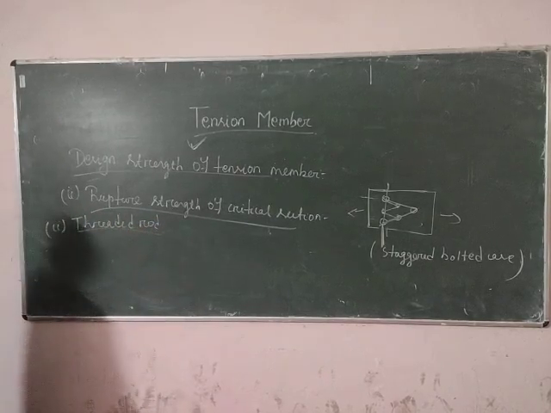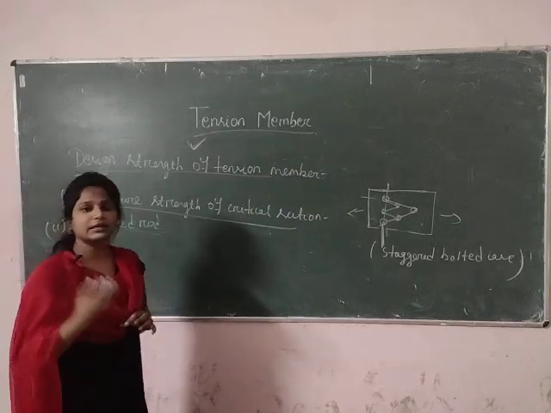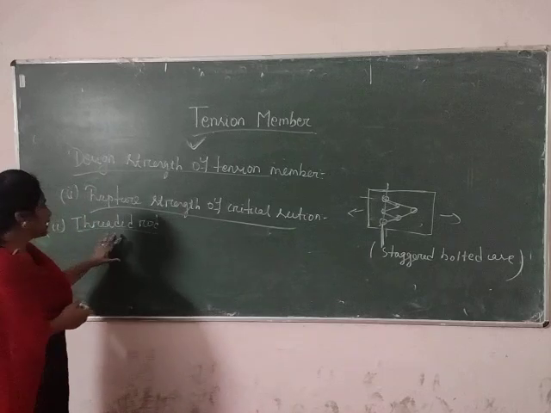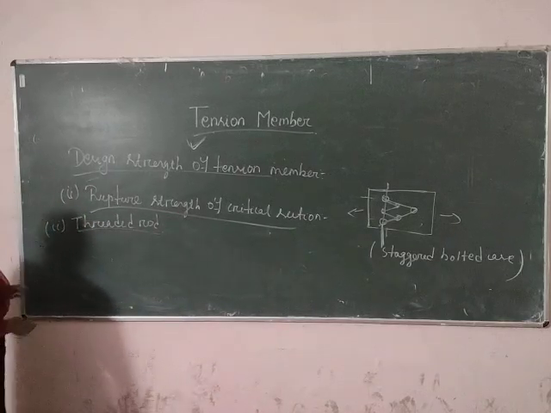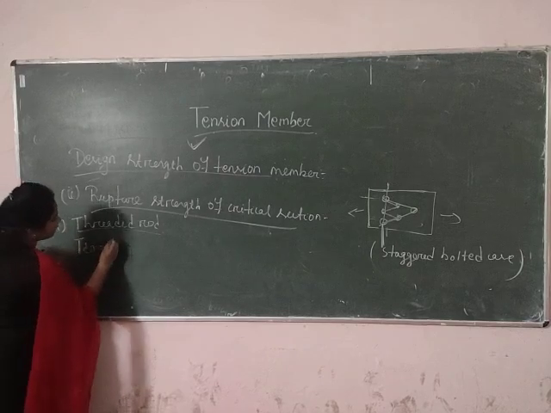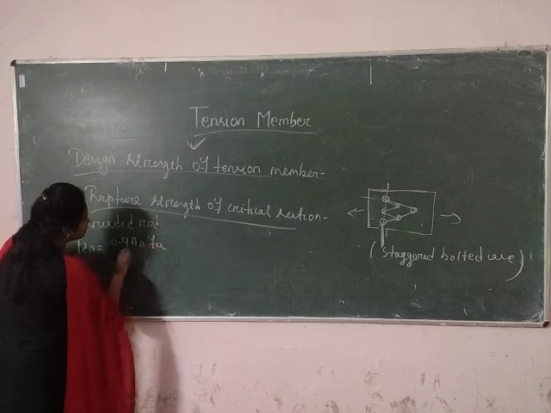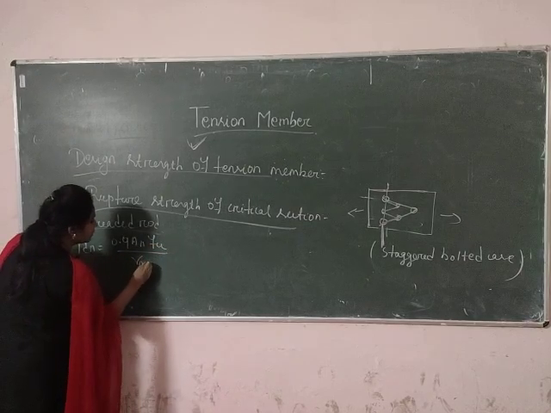If threaded rods are used as the tension member, then the rupture strength can be calculated by the same formula, that is 0.9 into An into Fu divided by gamma m1.